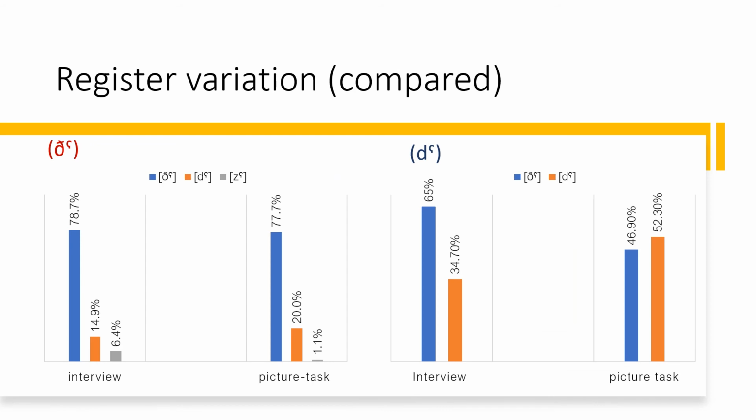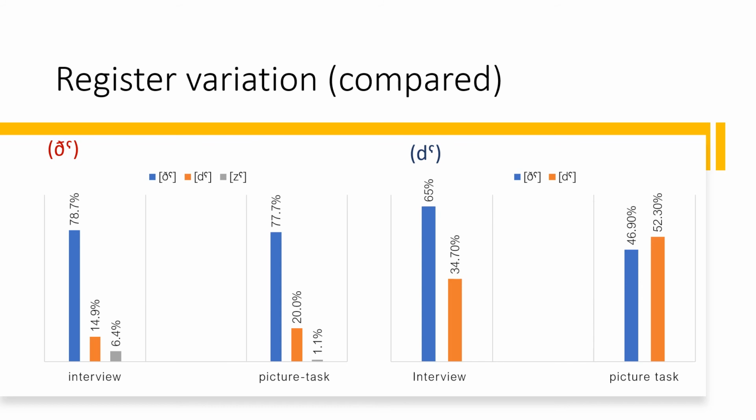So again, seeing it side by side, we see that with regards to the, even though we don't really see much of a difference, the non-standard variant, so to speak, the alveolar stop, is not used very much in either context, right?